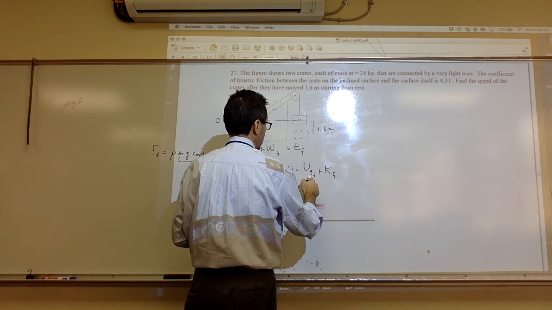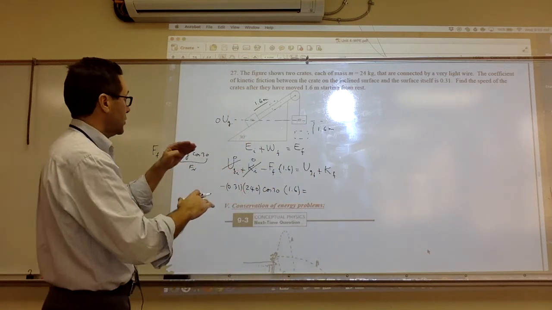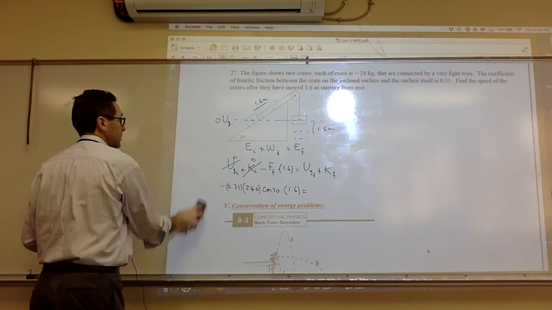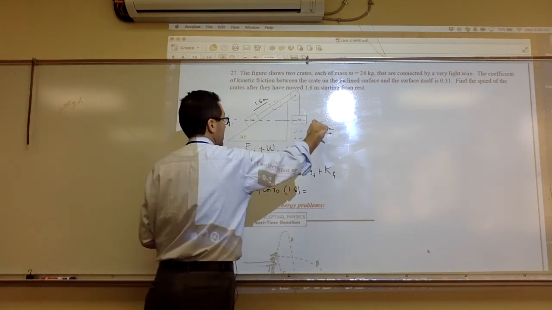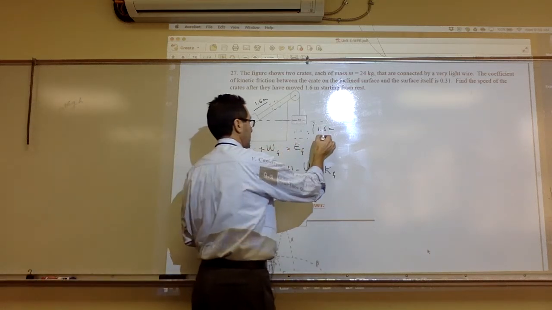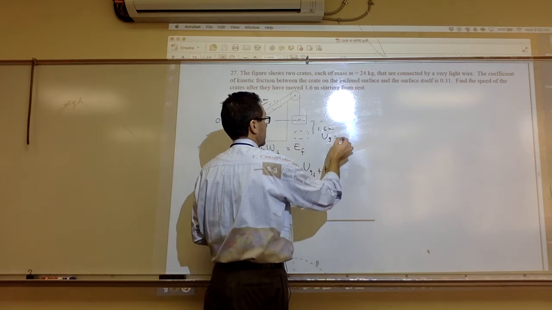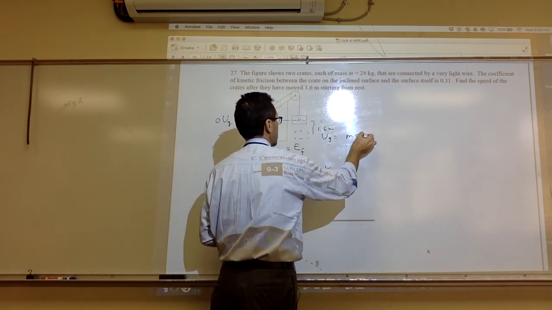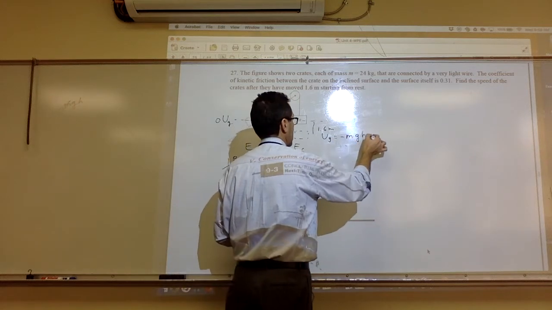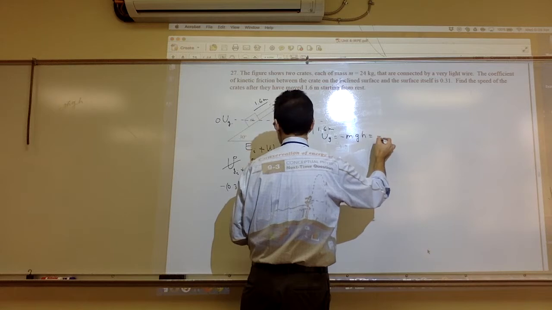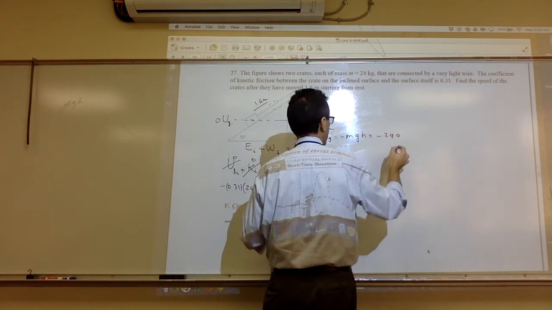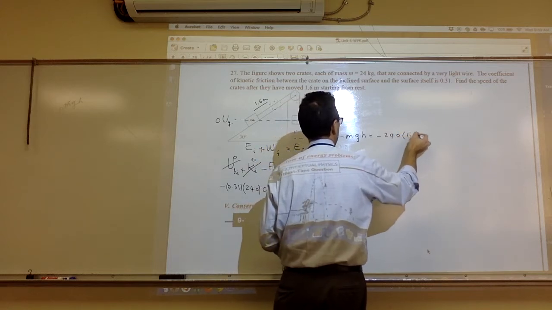Now I have to find the gravitational potential energy for each block. I'll do that on the side here. Let's concentrate on this one. It's mgh, but I'm going below the reference, so I need to put a negative here. So this is going to be negative 240 times 1.6.